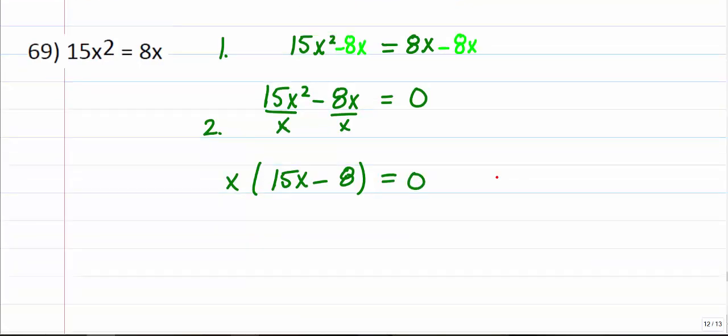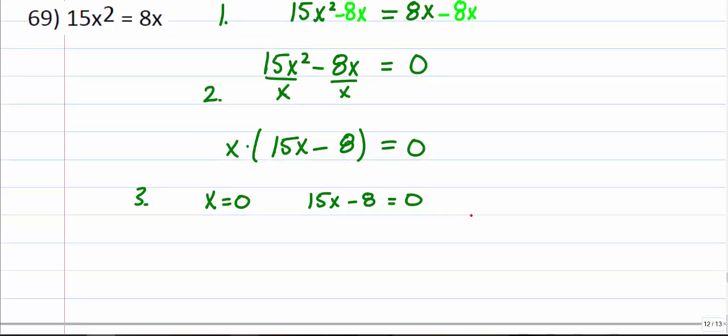All right, so now I've factored it. So now my 2 factors are x and 15x minus 8. So I'm going to set x to 0, and then I'm going to set 15x minus 8 to 0. And so x equals 0 is done. Then 15x minus 8 equals 0.